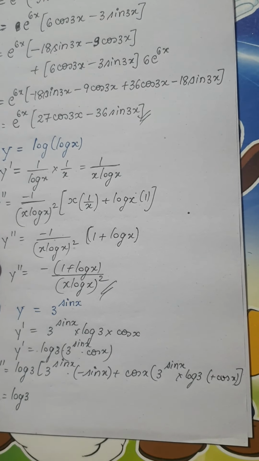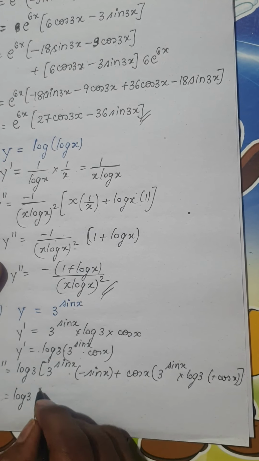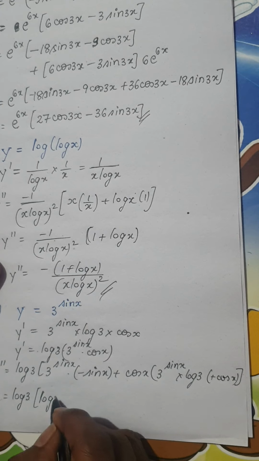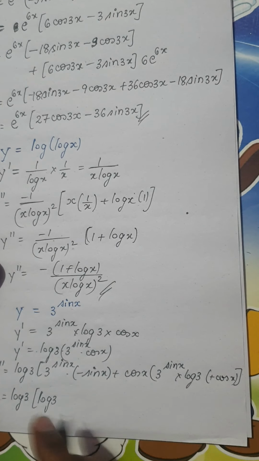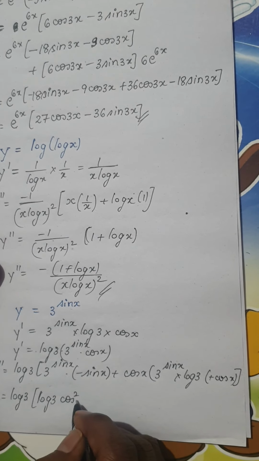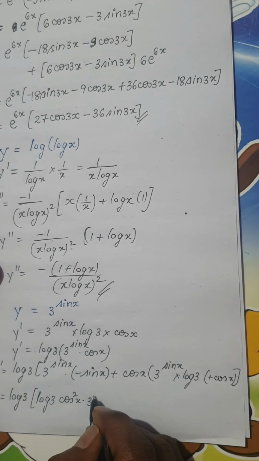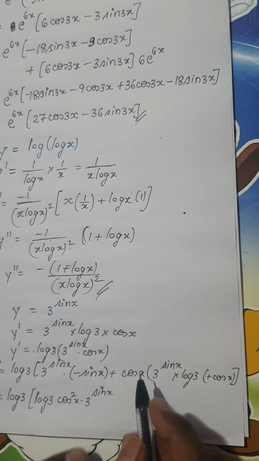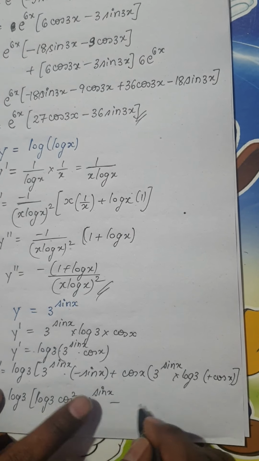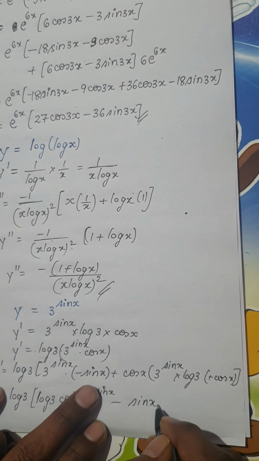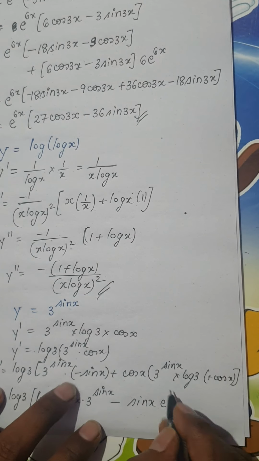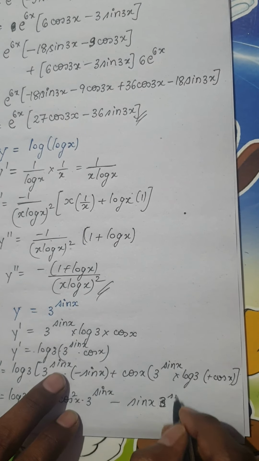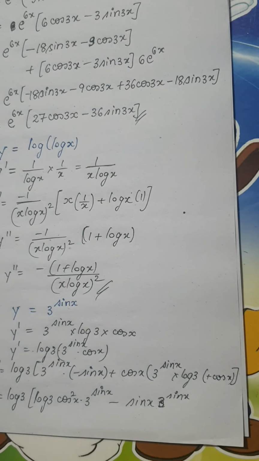Okay, so write it in a simplified form. You have log 3 into, let me write this term first, I have a log 3 term. Now cos into cos will be cos square x into 3 power sin x. Now minus sin x into 3 power sin x.